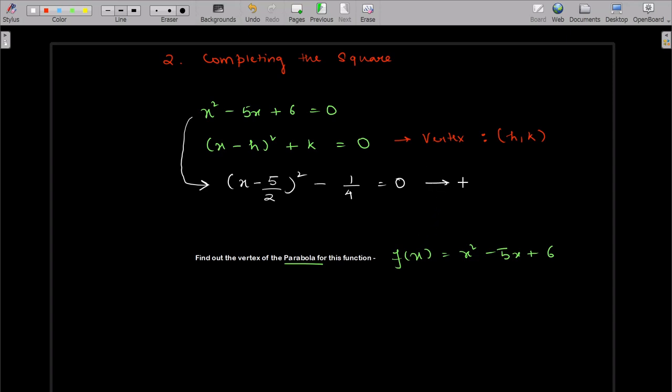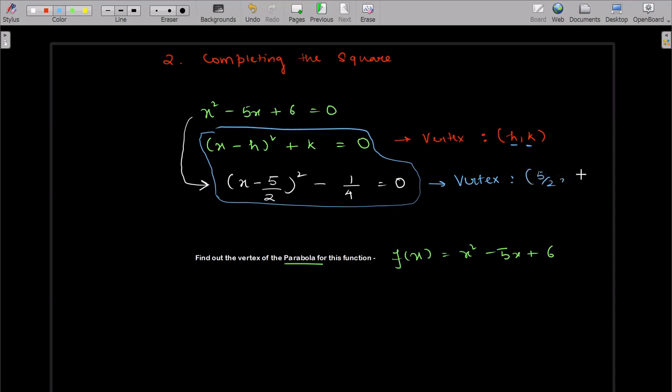For this one, 2.5, that's just the x coordinate. You have to find h and k both. You compare these two equations. 5 over 2 and 1/4.